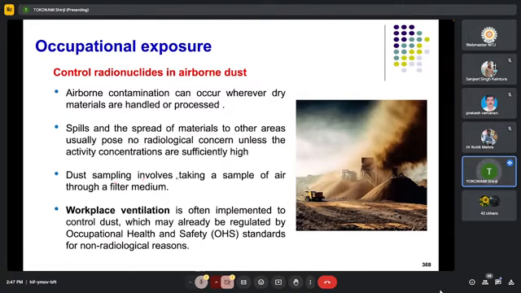Dust sampling involves taking a sample of air through a filter medium. Workplace ventilation is often implemented to control dust, which may already be regulated by occupational health and safety standards for non-radiological reasons.